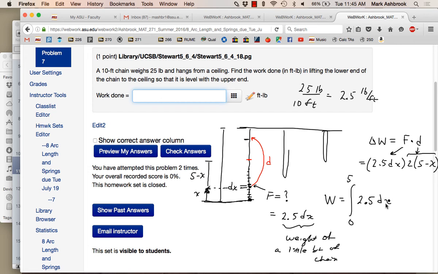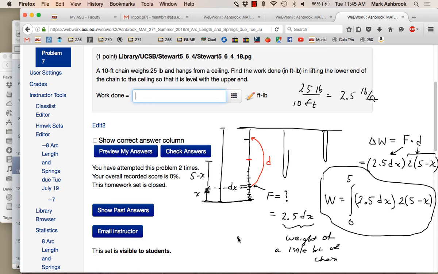So force times distance. Okay, anybody have a question on that?